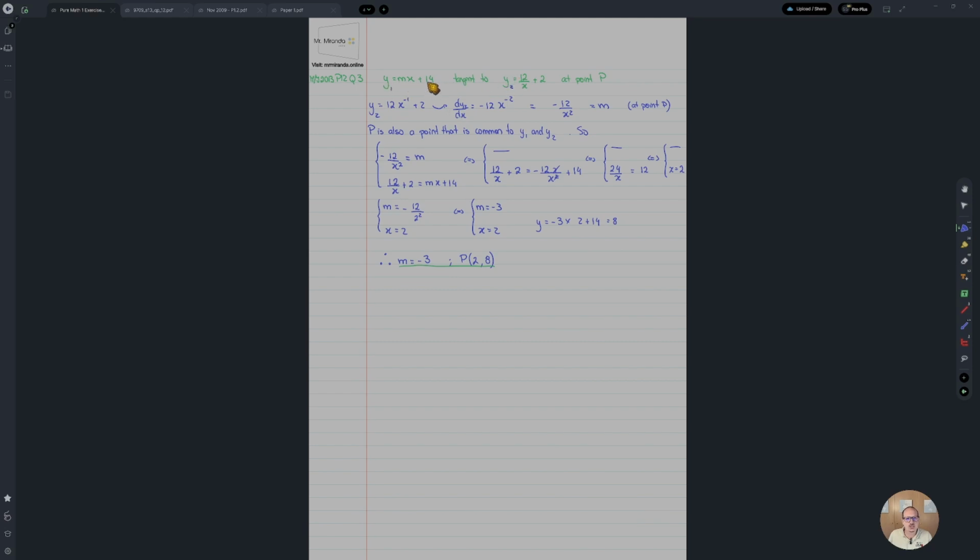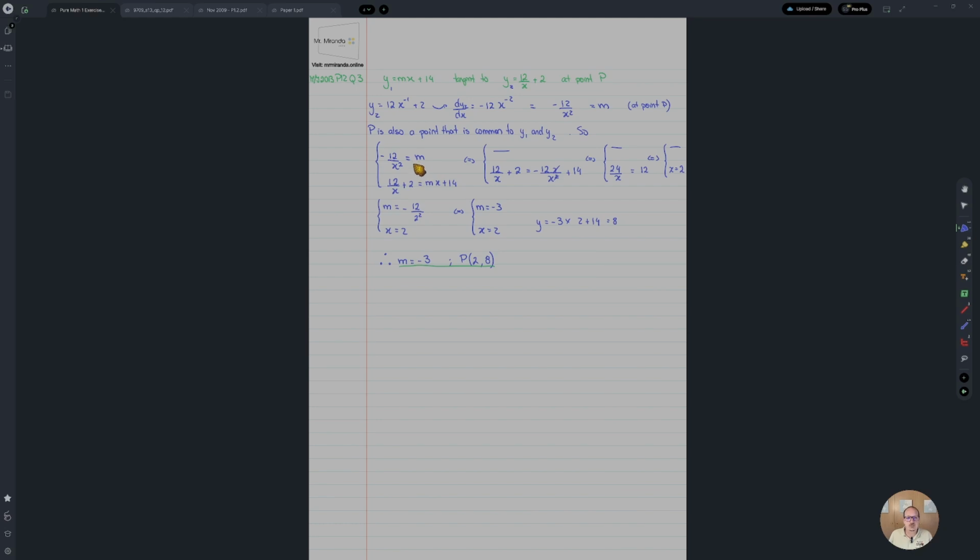So y1 is the equation for the tangent, y2 is the equation of the curve. So I differentiated y2 to get an expression to all possible gradients. This is it. Okay, so I equal it to m, and this is going to be my first equation. But I also know that P is a point that is common to y1 and y2, so I equal one to the other, and I have my second equation.